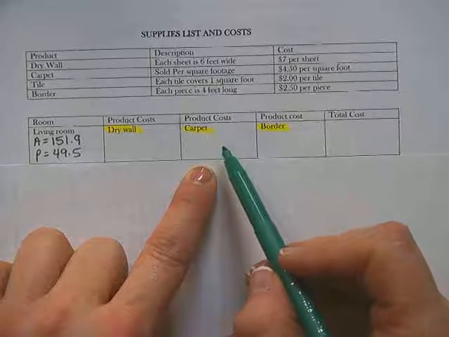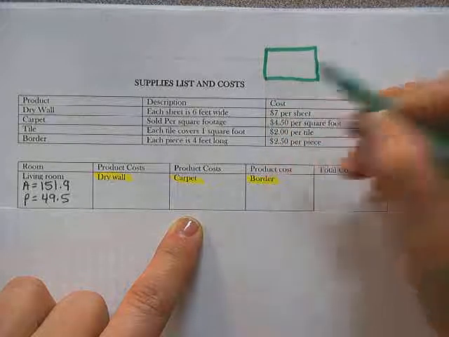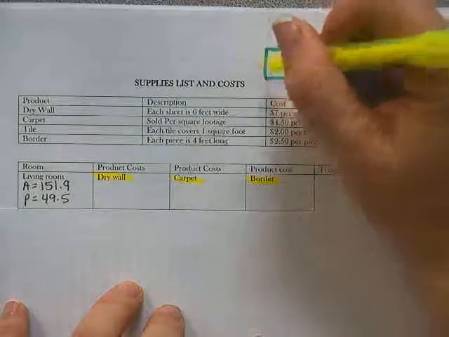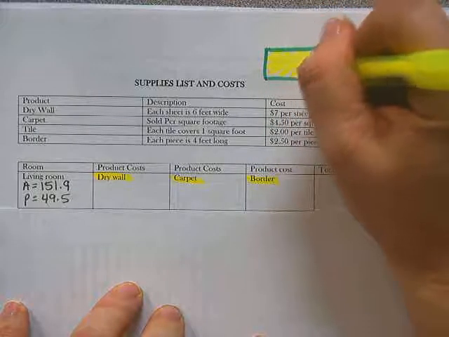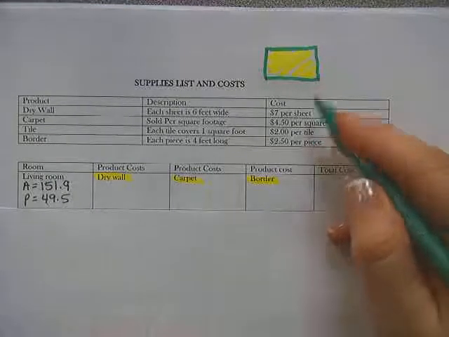So let's jump down to carpet first. Well, if you can imagine carpeting a room, where do you put carpet in a room? Obviously on the floor. And you don't put carpet just around the edge of the room. You put it all the way on the floor. So that is going to be area.